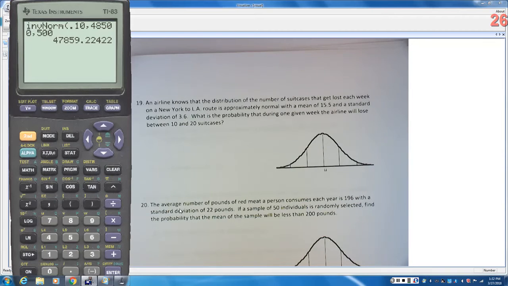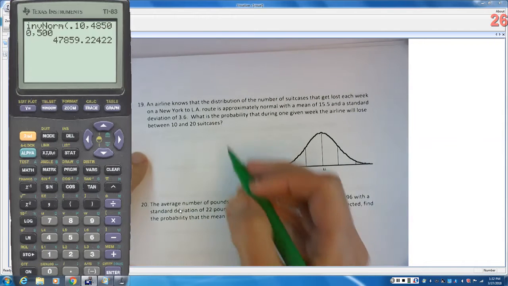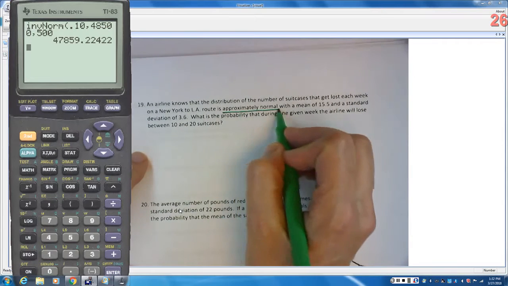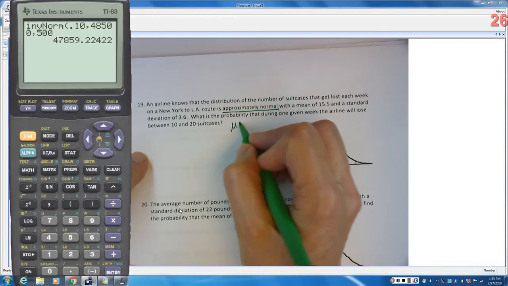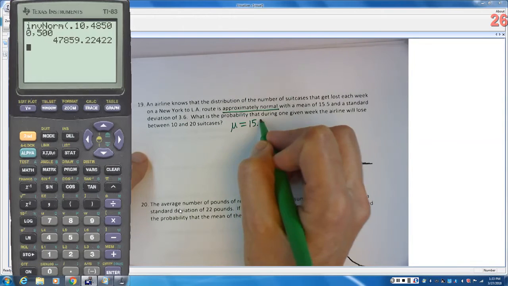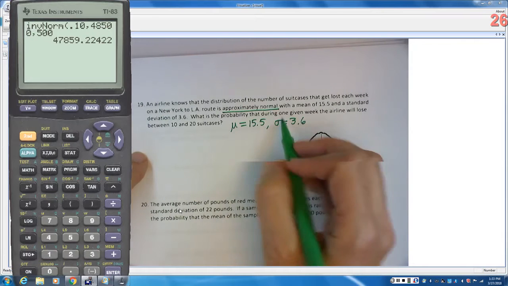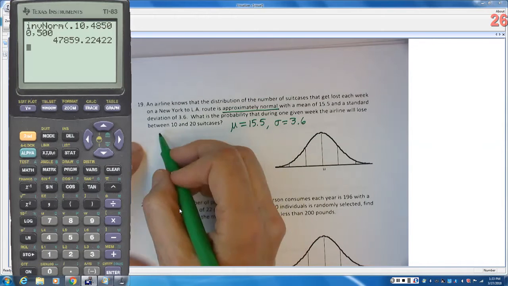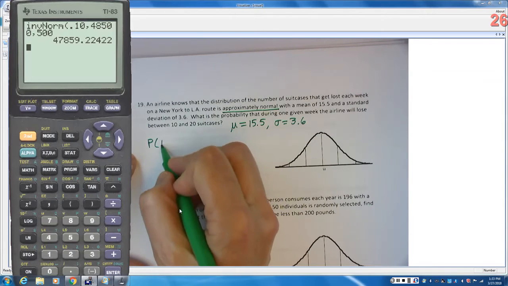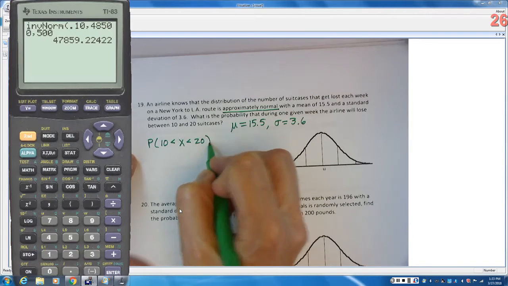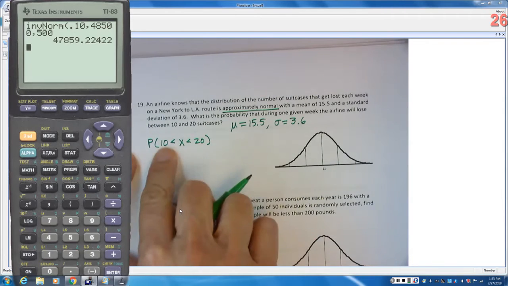An airline knows that the number of suitcases lost each week is approximately normal with a mean of 15.5 and a standard deviation of 3.6. What's the probability during 1 week that the airline will lose between 10 and 20 suitcases? That's the probability notation.